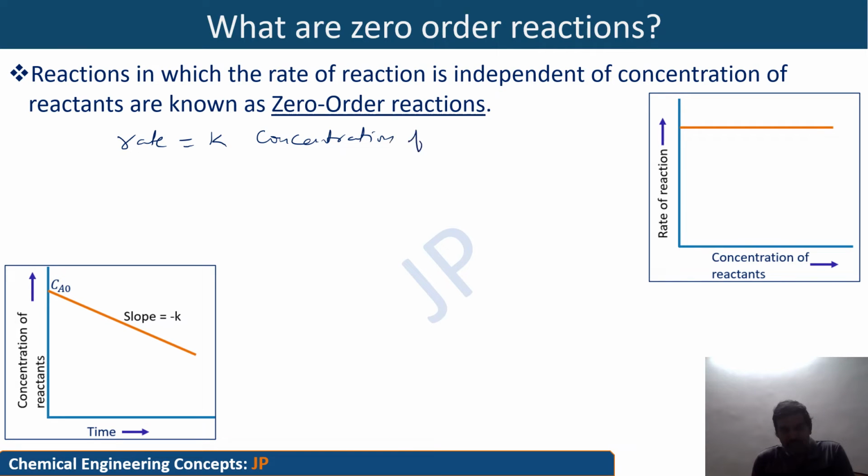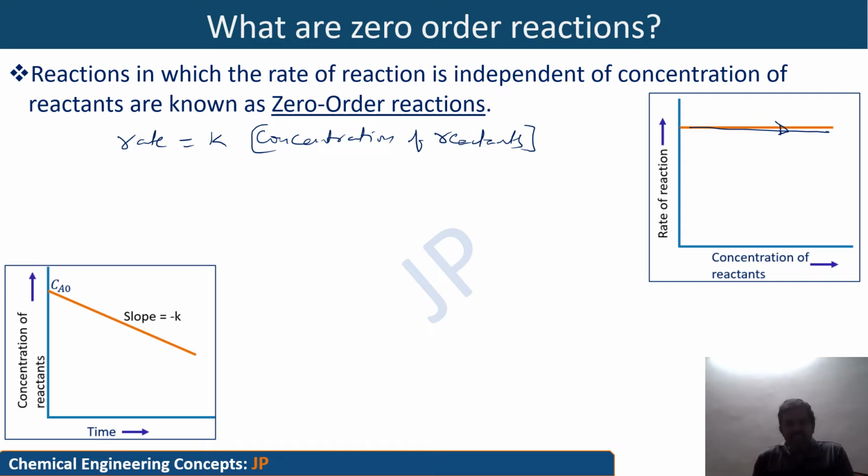In all the previous examples we have discussed, the concentration remains the same. So the rate of the reaction remains the same because the concentration of the reactants is constant. That's what the theoretical definition is.